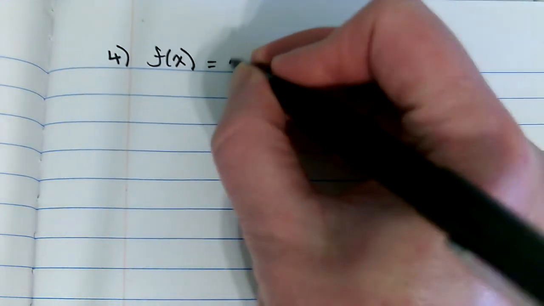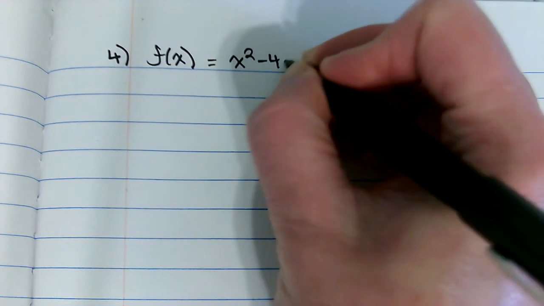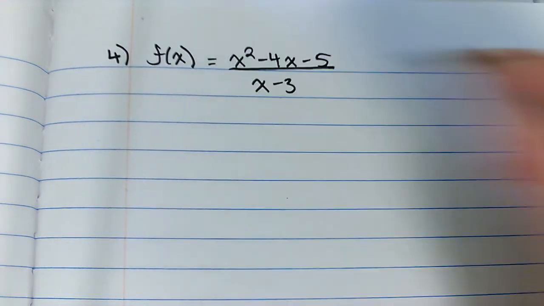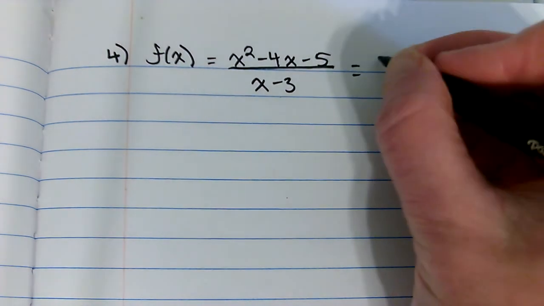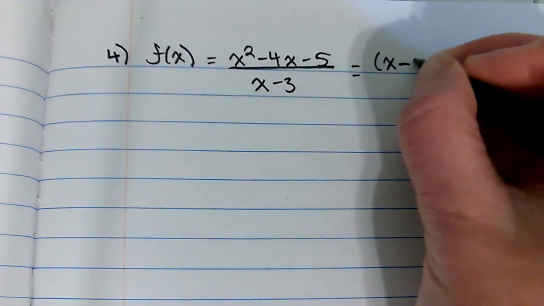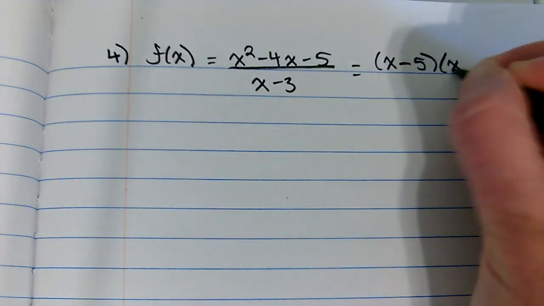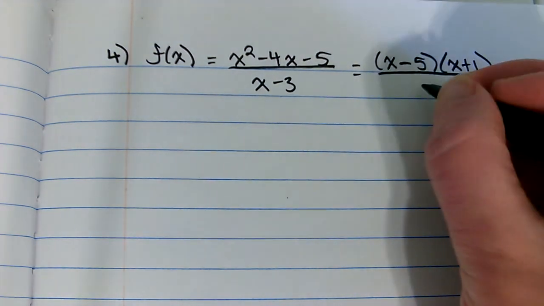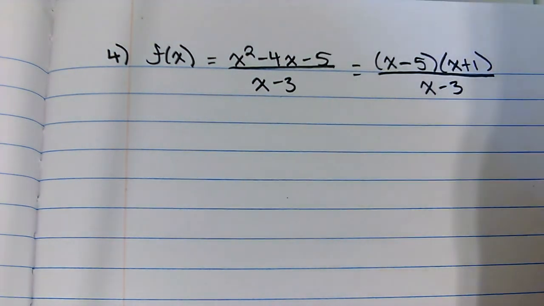Last example, because we have not done one that had a bigger numerator. It would be x minus 5, x plus 1 multiplies to be negative 5 and adds to be a negative 4.